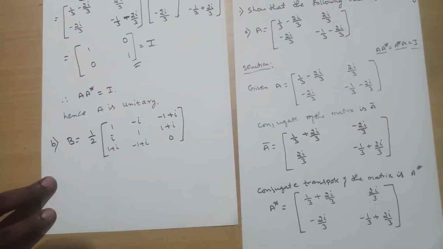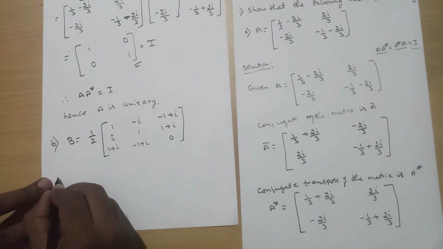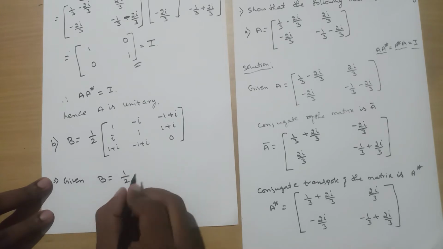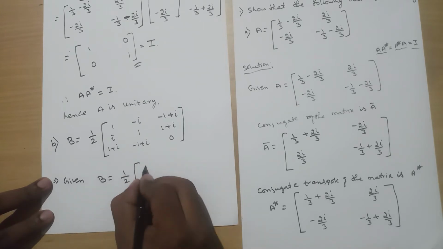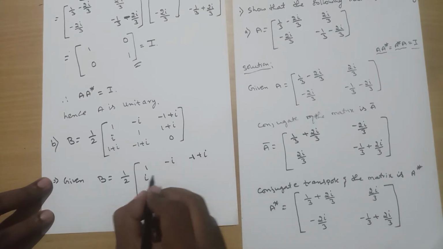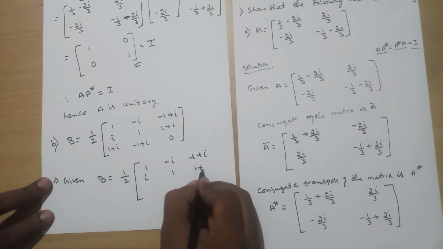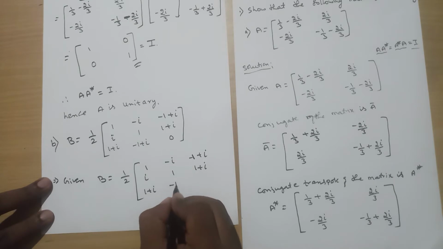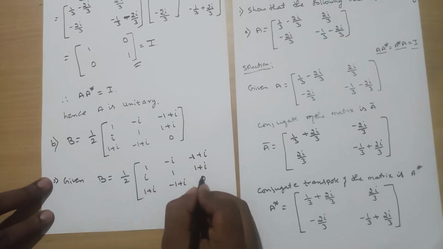Yes, 0. Now given matrix, so what is the given here? B is equal to 1 by 2 times of here 1 minus 1 plus I, and here I 1 1 plus I, 1 plus I minus 1 plus I 0.